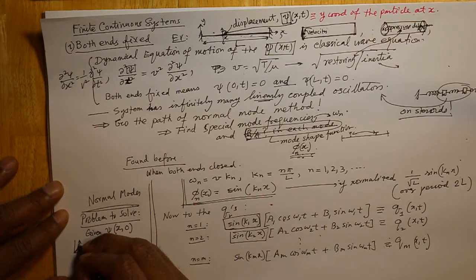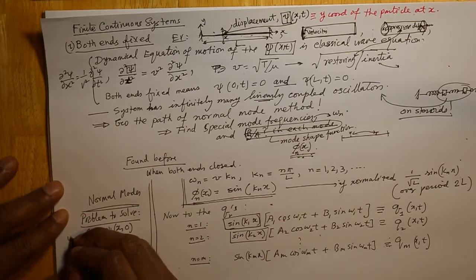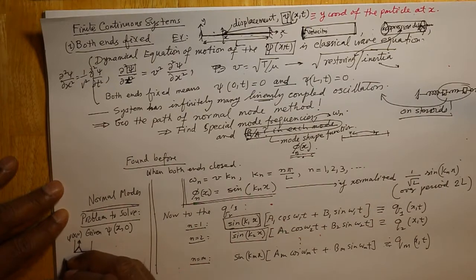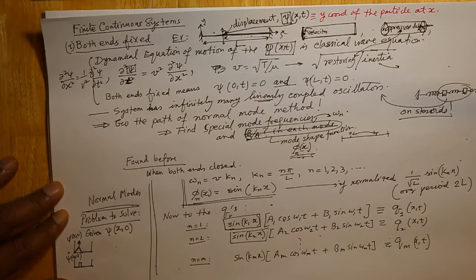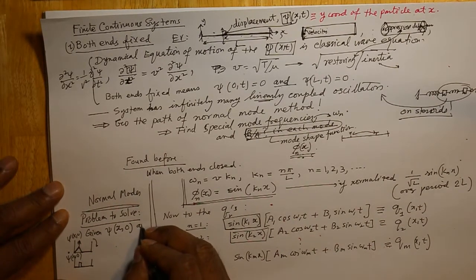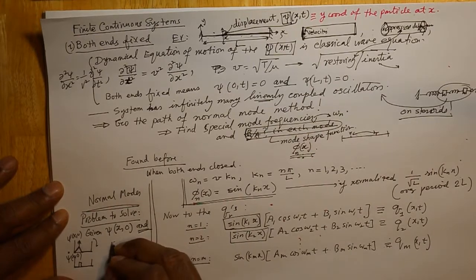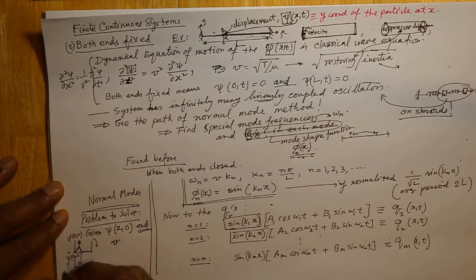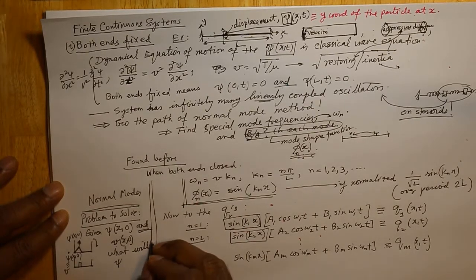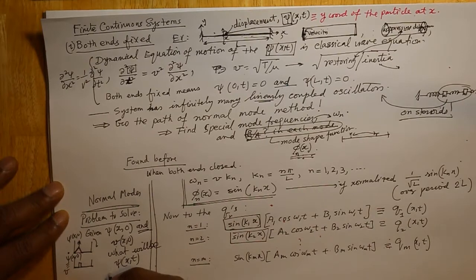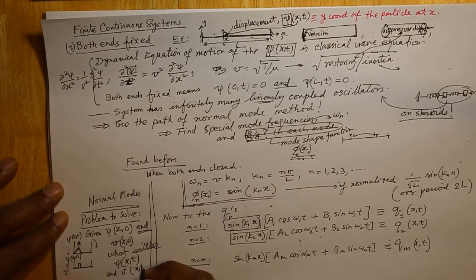Maybe I give it a velocity, so that's psi(x, 0), and then psi dot(x, 0). Maybe in some places zero velocity, and this part has some velocity. So given psi(x, 0) and v, let's call that v(x, 0), what will be psi(x, t) and v(x, t) at any other time?